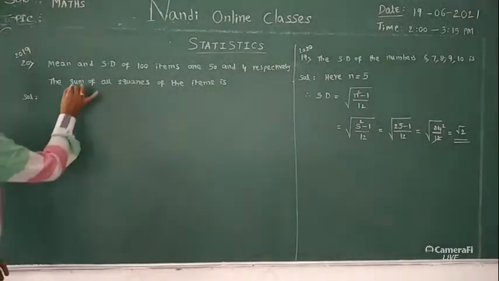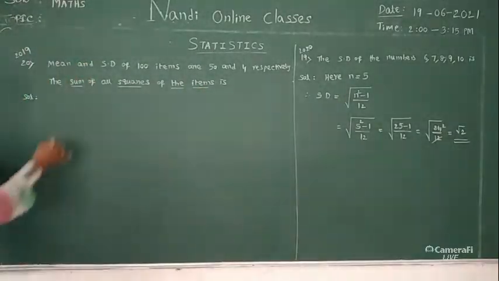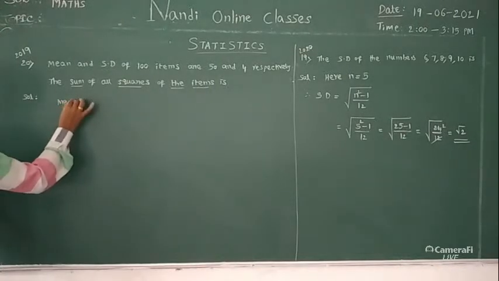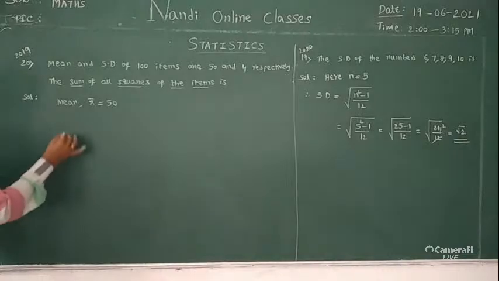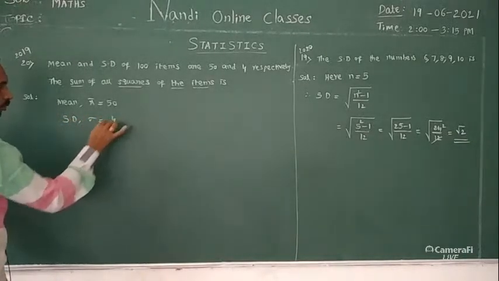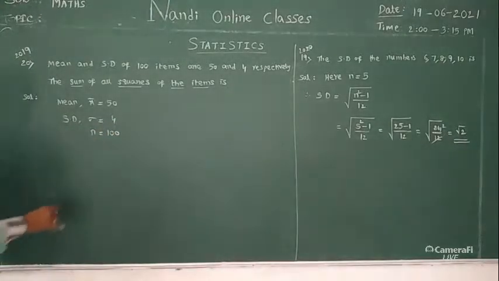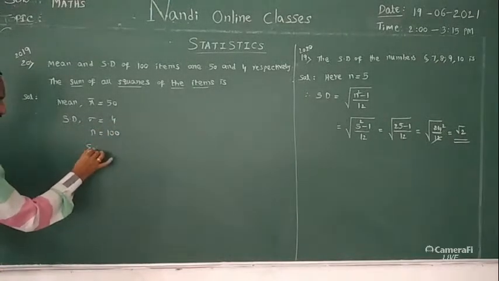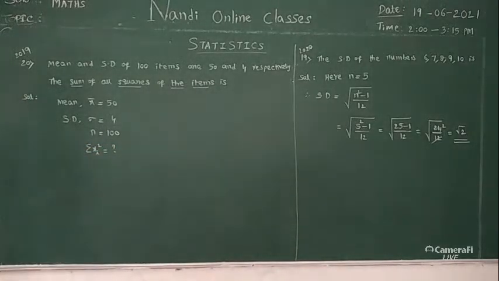I want the sum of squares of the items. First write the data. Mean x bar is equal to 50. SD, standard deviation denoted by sigma, is equal to 4. N, number of observations, is 100. We are going to find the sum of squares of observations is equal to question mark.